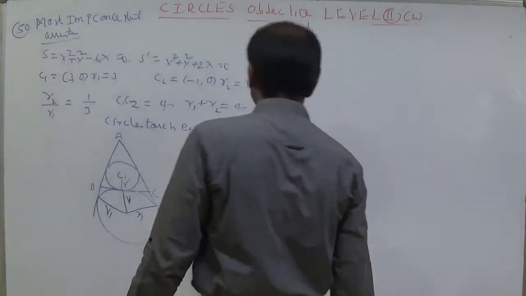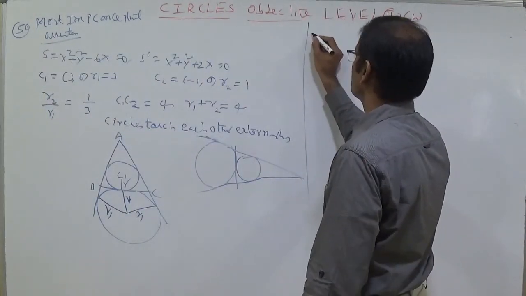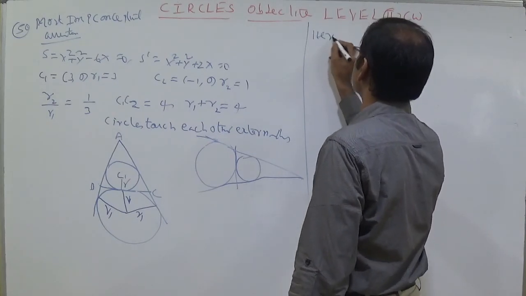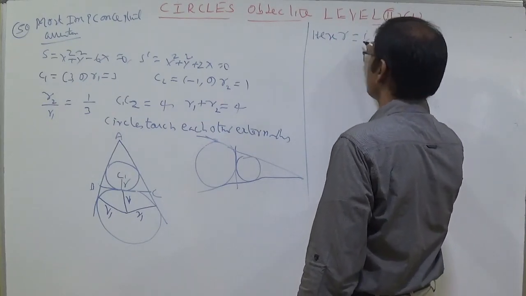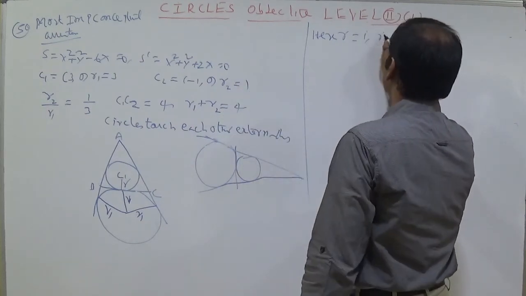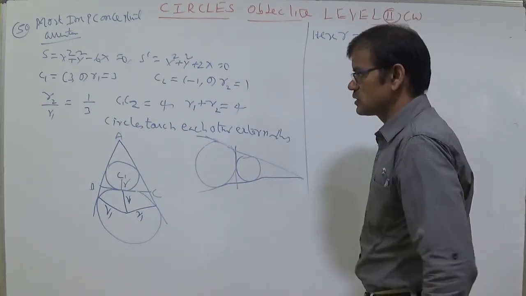What is the relation for r and R1? Here in this case I am writing r is equal to 1, this is inside, and R1 equal to 3, outer circle.